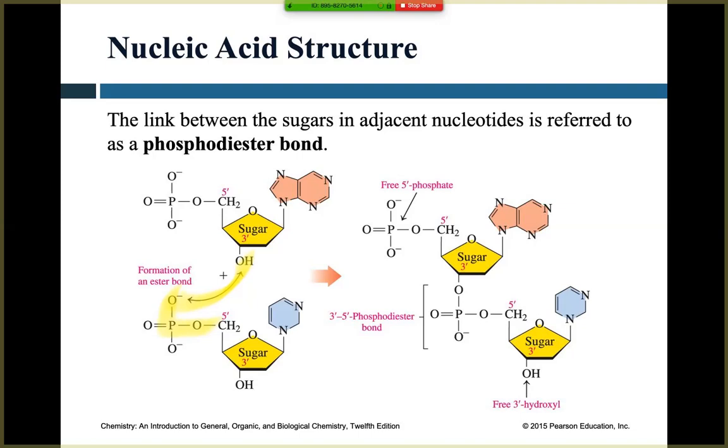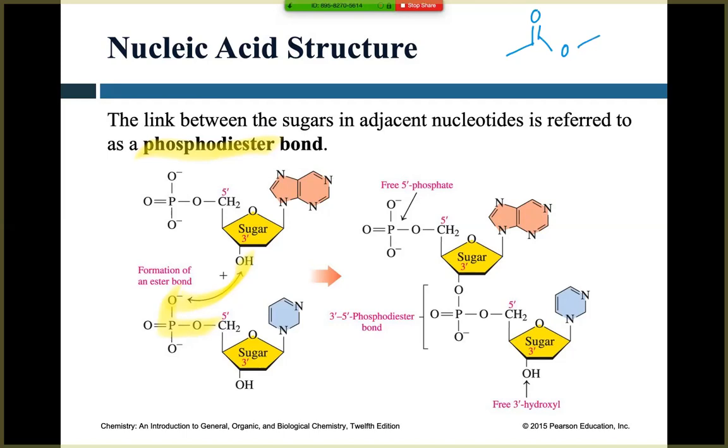We define that bond as a phosphodiester bond. So it sounds like a mouthful, but break it down. Phospho means it's through a phosphate. And then I have di, which means two, and ester. So a regular ester looks like something like that, right? You have your carbonyl carbon directly bonded to the double-bonded oxygen, but also through an oxygen.